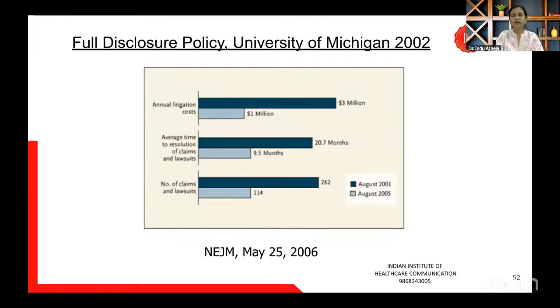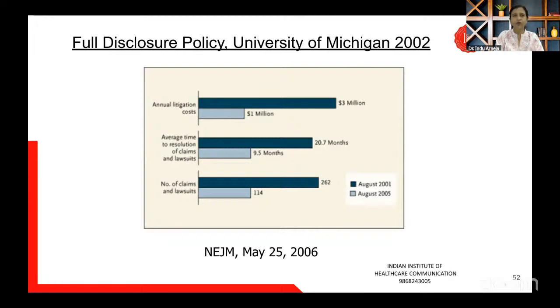The cost of litigation came down to one-third. Even the average time to resolve the claims and lawsuits went down by almost 40%. And the number of claims and lawsuits also reduced by almost 50-60%.